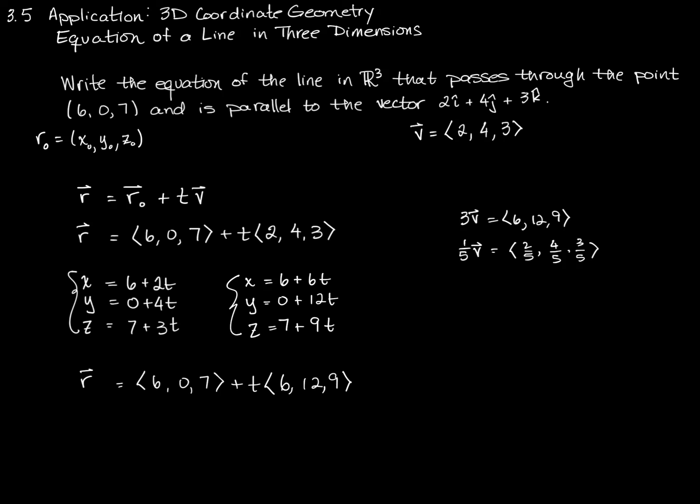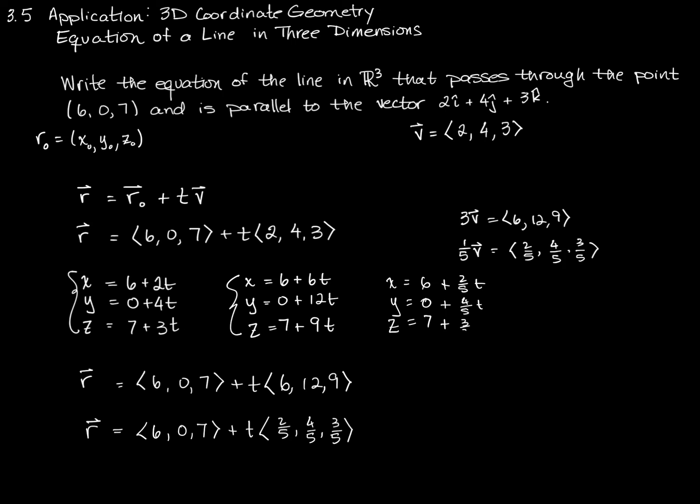So a third vector equation for this line would be r equals (6, 0, 7) plus t times (2/5, 4/5, 3/5), or (x, y, z) equals (6, 0, 7) plus t times (2/5, 4/5, 3/5).